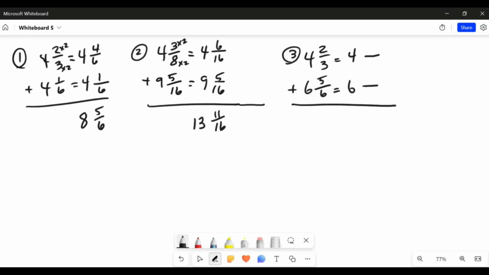So we want the smallest number that 3 goes into and 6 goes into.